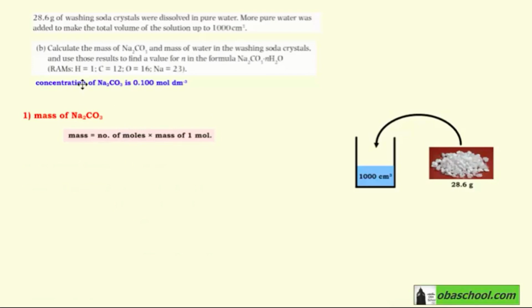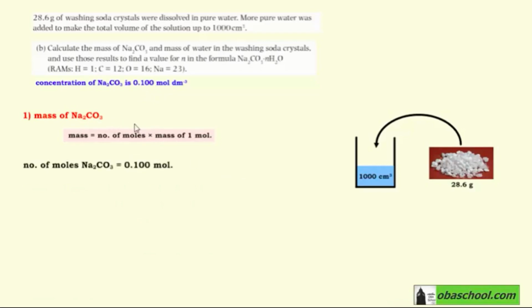In part A, we found the concentration of sodium carbonate, which is 0.100 moles per decimeter cubed, meaning that 0.1 moles are dissolved in 1 decimeter cubed or 1000 centimeter cubed. So 0.1 is the number of moles of sodium carbonate. So now we figured out the number of moles. What about the mass of 1 mole?